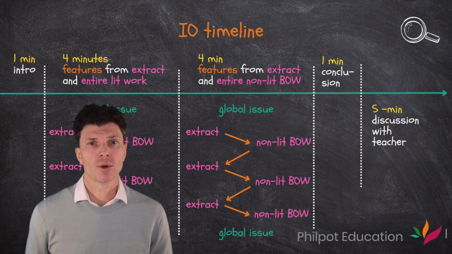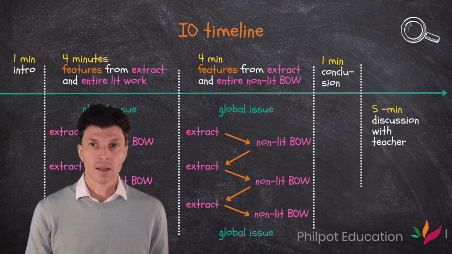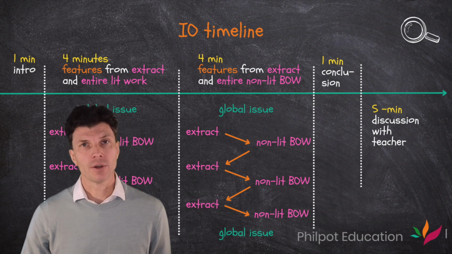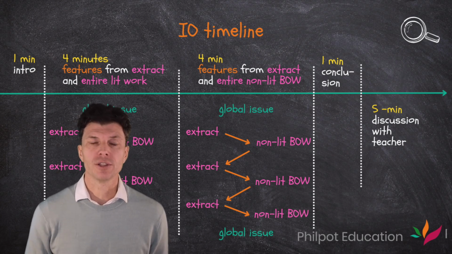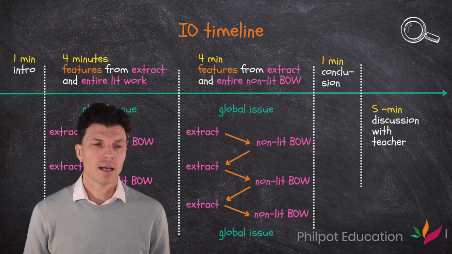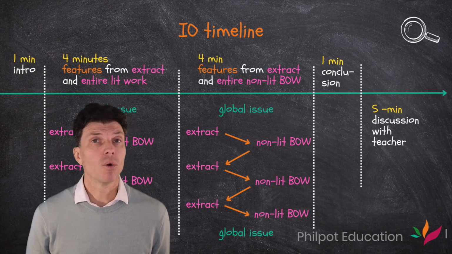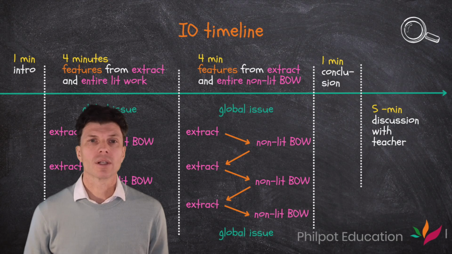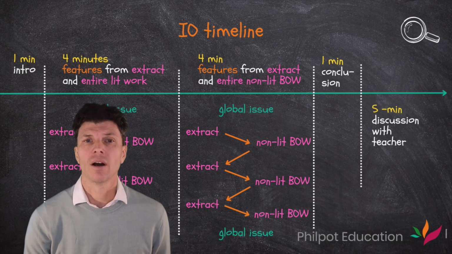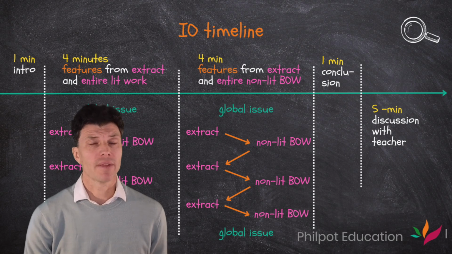But you could do it, of course, in the 4-minute section on a non-literary body of work, perhaps going back and forth between a photograph that's in front of you as an extract and another photograph that has some common features as the rest of the non-literary work. And so perhaps you're referencing 2 or 3 more photographs in the course of this 4-minute section on your non-literary body of work. Okay, so again, this is what I call method 1.